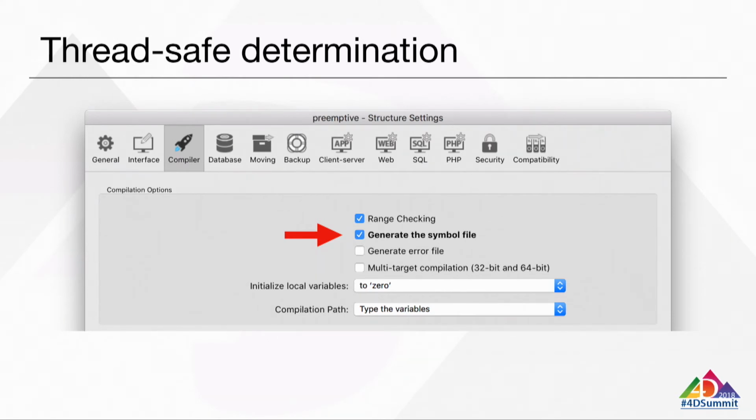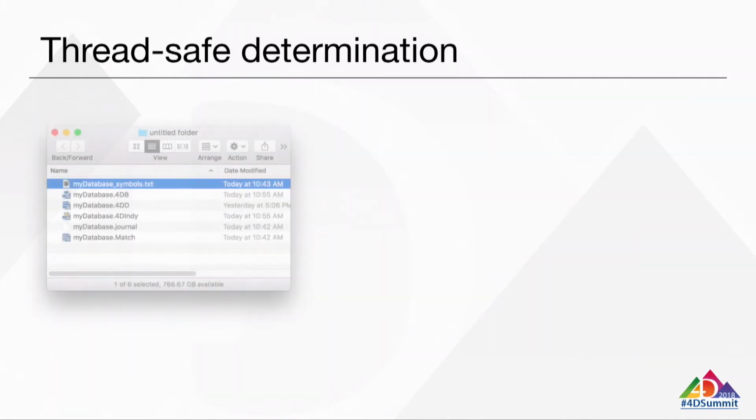This comes in very handy when you want to find out more about your database and your methods and stuff like that. And you'll see in a little bit when we show you the compilation result. So after you turn that option on, and then you go ahead and do the compilation, you'll get a file sitting next to your database structure that looks something like that, with the database name underscore symbol.txt.